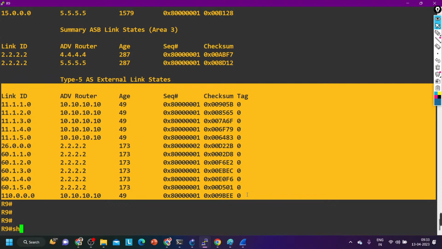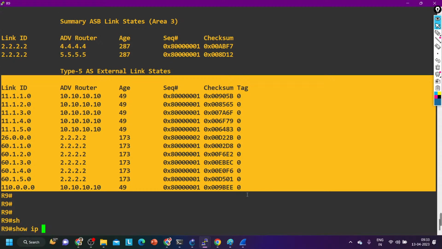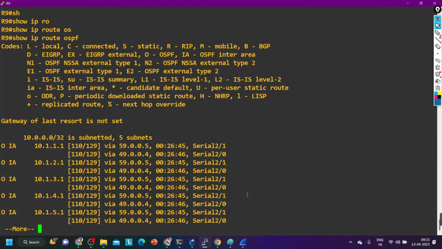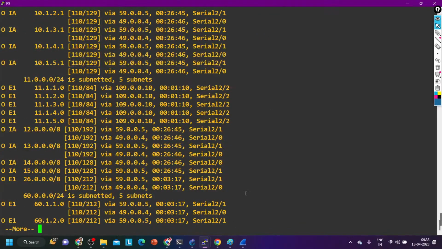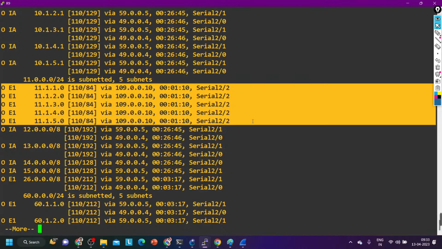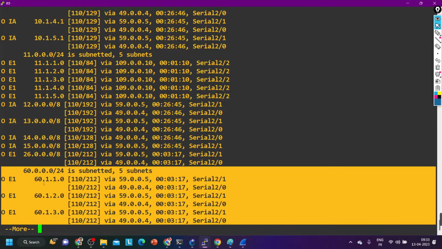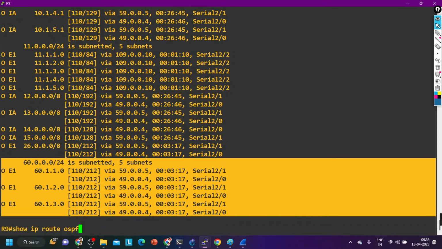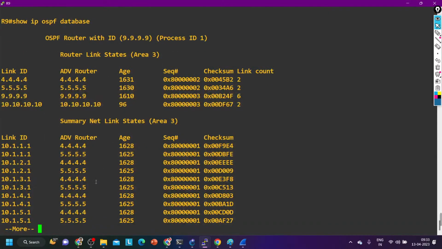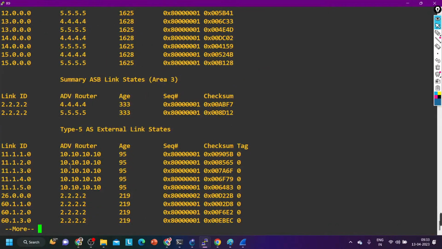And the router has installed all these external prefixes in its routing table as well. You can see the 11 prefix is also there and the 60 prefix is also there. Yes, and I am getting these prefixes from router 4 as well as router 5. Here you can verify it. Yes or no?